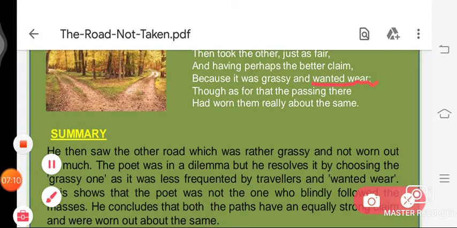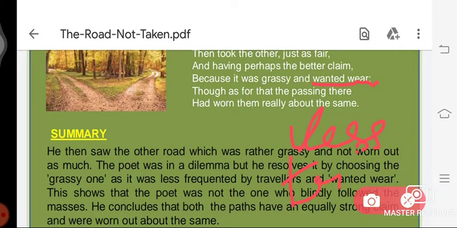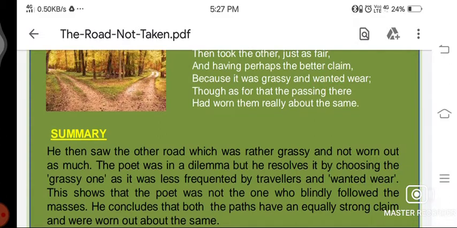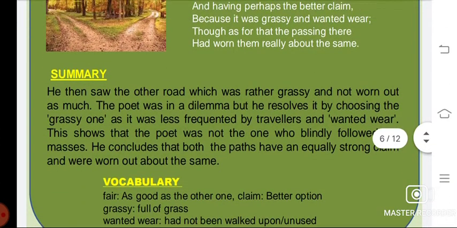Wanted wear means less traveled. The poet was in a dilemma, but he resolved it by choosing the grassy one, as it was less frequented by travelers and wanted wear.